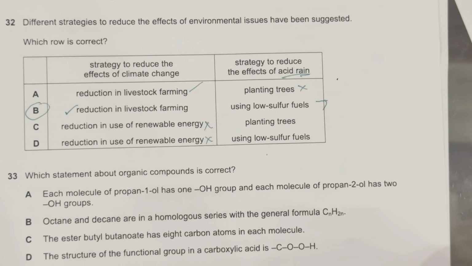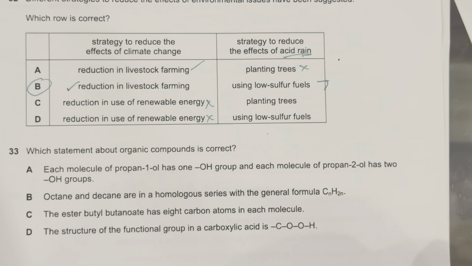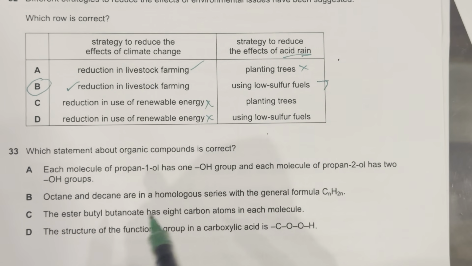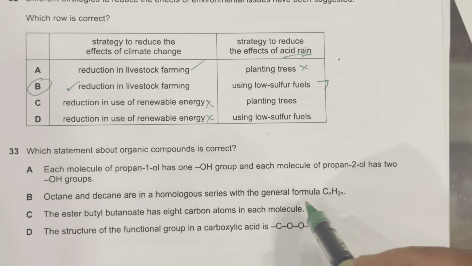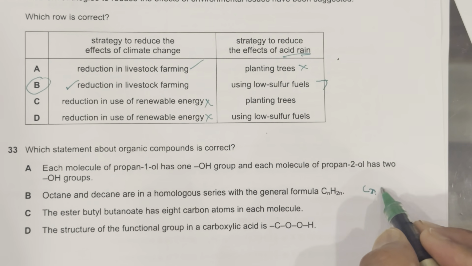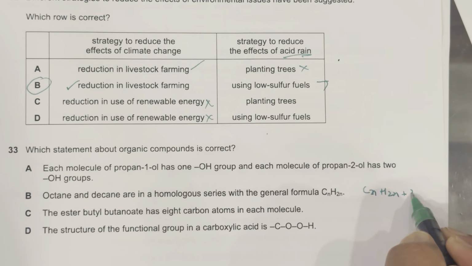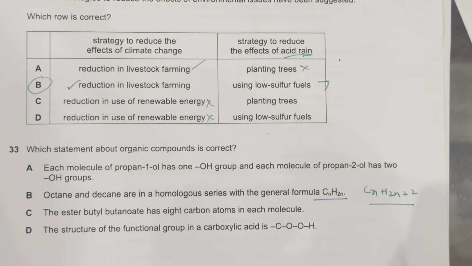Which statement about organic compounds is correct? Each molecule of propan-1-ol has one OH group and each molecule of propan-2-ol has two OH groups. No, they both have only one OH group. They are isomers. Octane and decane are in a homologous series with the general formula CnH2n. No, this is the general formula for alkenes.